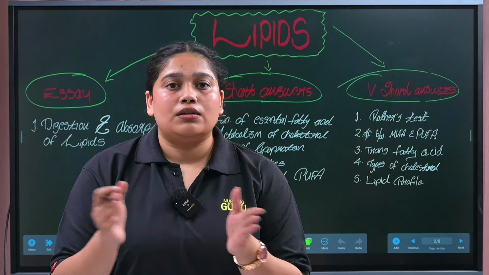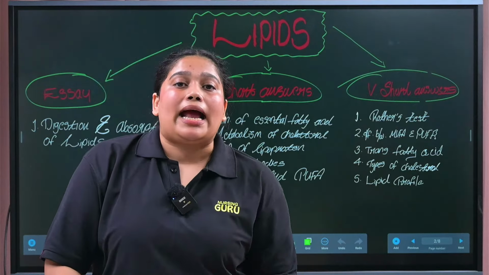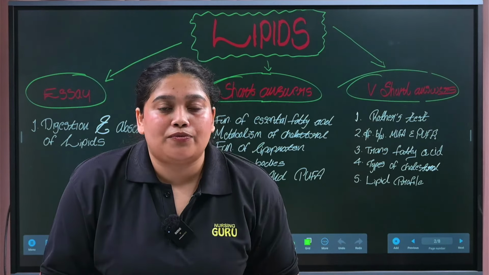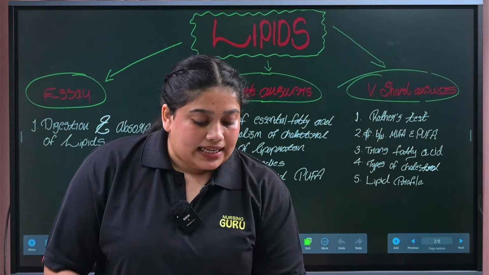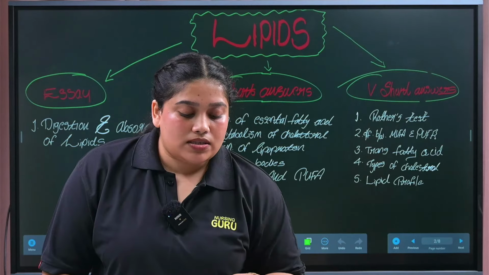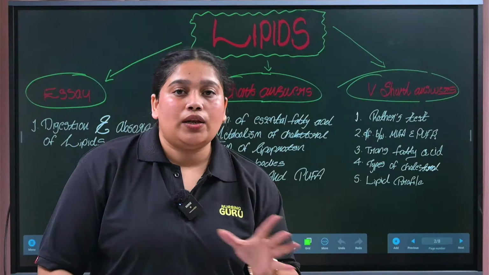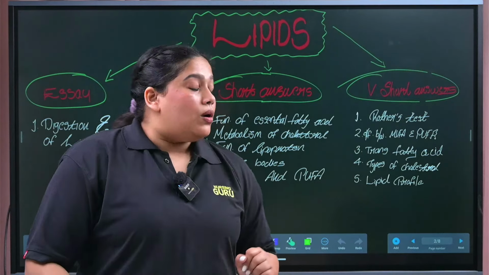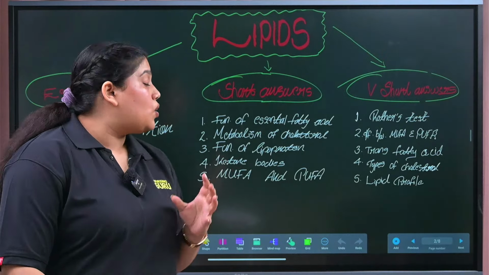Either way you can use to answer the functions. So at least 10 points you have to describe for functions of lipid. I will tell you one function, that is, this occurs in high concentration in the reproductive organs. So like that you can elaborate 10 points. Clear?